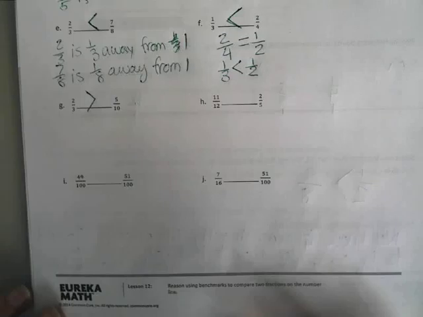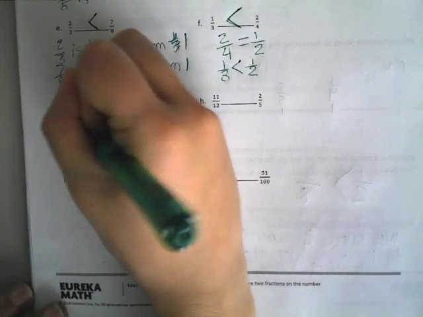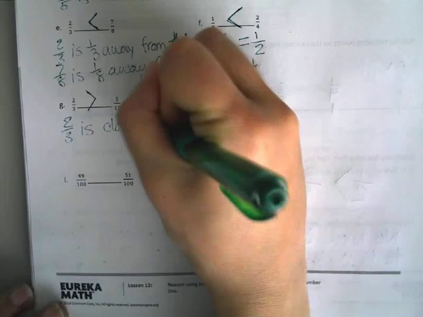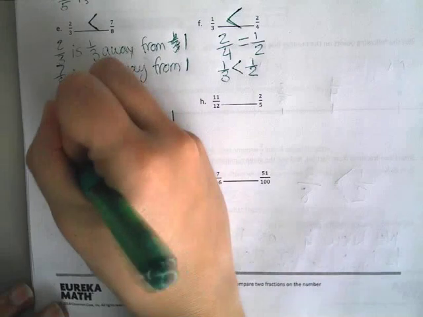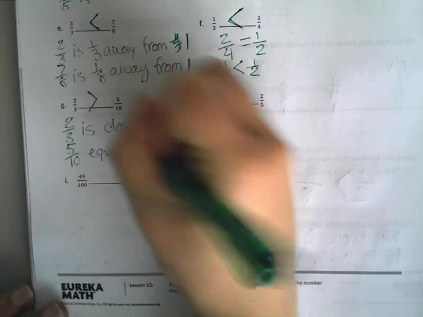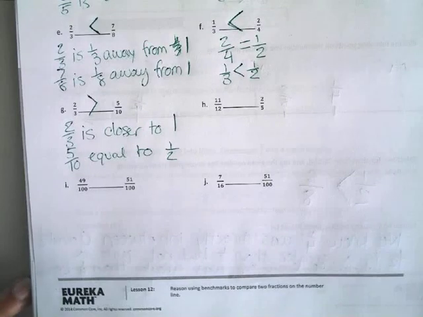Jacob? 2/3 is closer to 1, and 5/10 is equal to 1/2. That works for me.